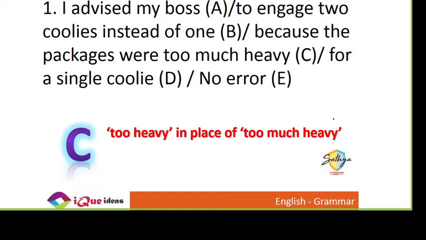They're so heavy that they cannot be lifted. When we say too heavy, it literally implies they are so heavy that they cannot be lifted. One cannot lift it. So we say it is too heavy for one. So that much is not required. We eliminate the much. Right? You got that, Kavya? We do not say too much heavy. We'll say it is too heavy for one. So we need 2.